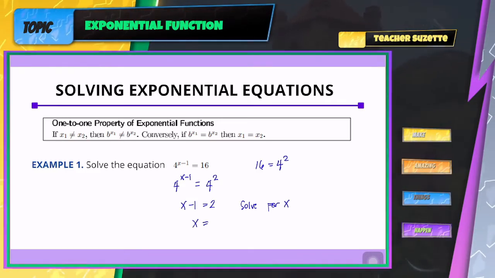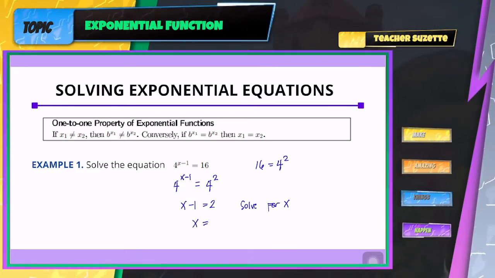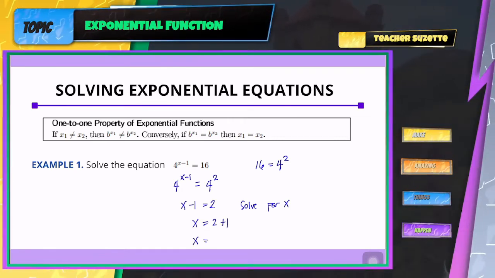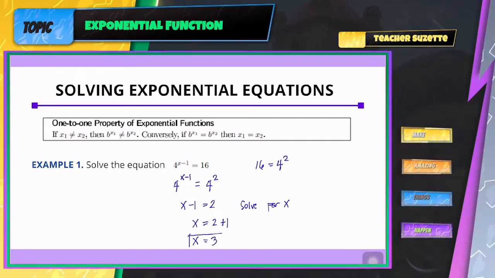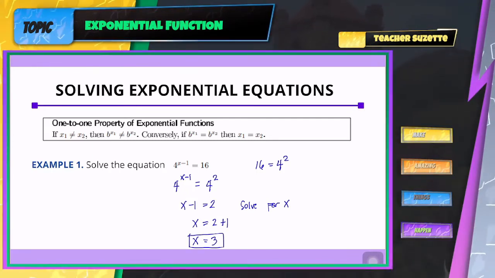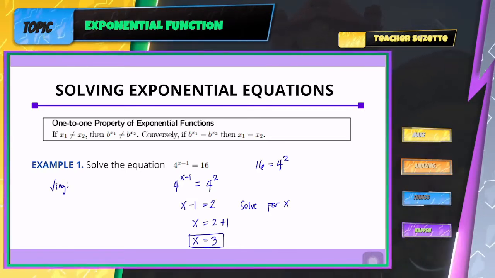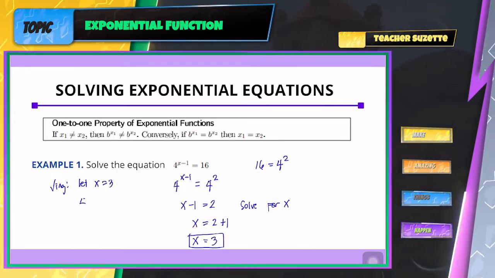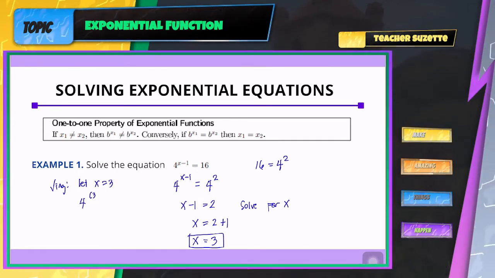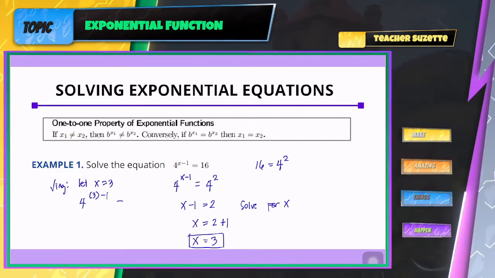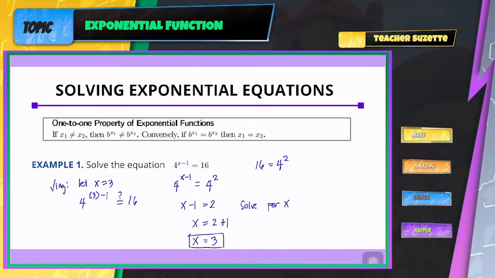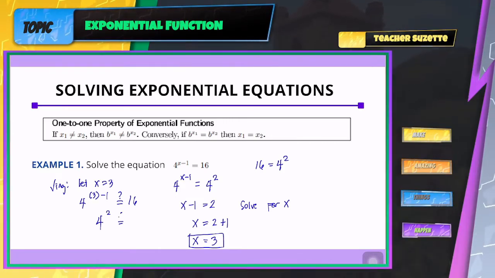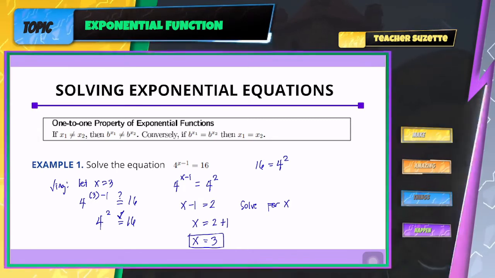So x, by transposing negative 1 to the other side of the equation, you will have x is equal to 2 plus 1, which is x is equal to 3. So, kung i-check natin yan, if we let x be equal to 3, let's check in our equation if 4 raised to 3 minus 1 is equal to 16. So, 3 minus 1 is 2, so obviously it is 4 raised to 2, which is equal to 16. Ayan.